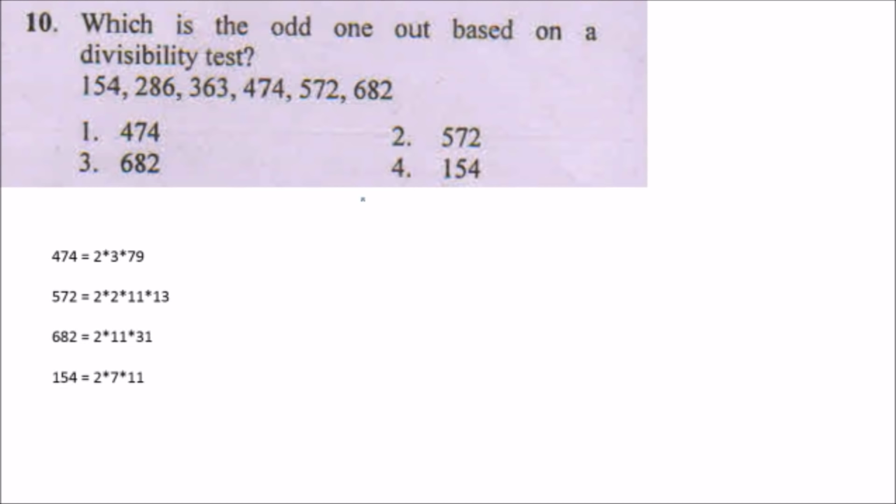Likewise, I have got the factorization for the other two also. So 2 is common in all; all the numbers are divisible by 2. But if we see 3, it is not common, it is only in 474, and the most common is the number 11. Number 11 is in all three, but it is not in 474, so it should be 474.